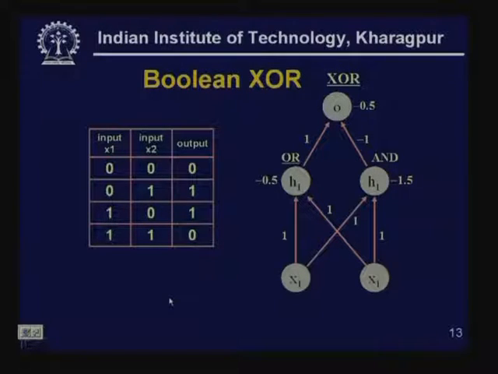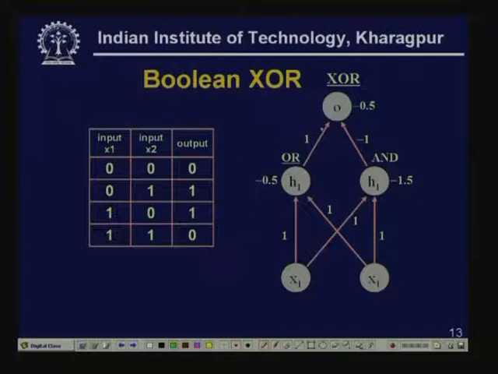The Boolean XOR function is one function that we mentioned in the last class, which cannot be represented by a single linear unit. However, if we arrange the linear thresholding units in two layers, in the first layer we compute x1 or x2, in this unit we compute x1 and x2, and here we do an XOR.